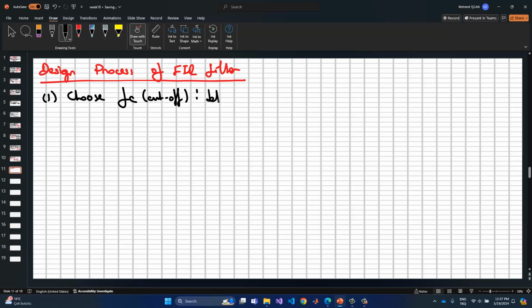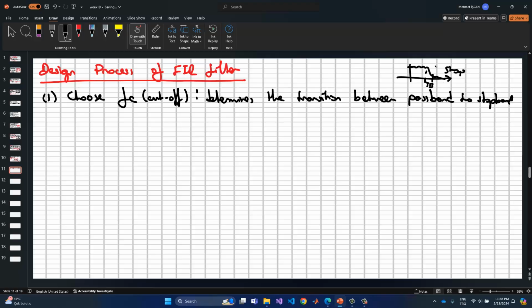It determines the transition regions. Just remember the Bode plots, guys, between the pass band and the stop band. This is the Bode plot, and we have the filter here. This is the transition band, this is the flat region, and the other one is the stop band. This is the pass band.